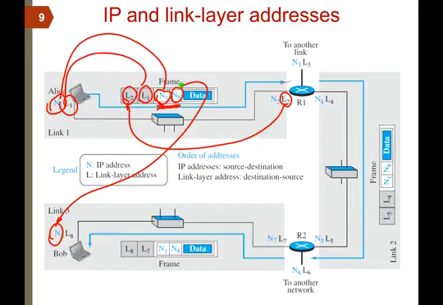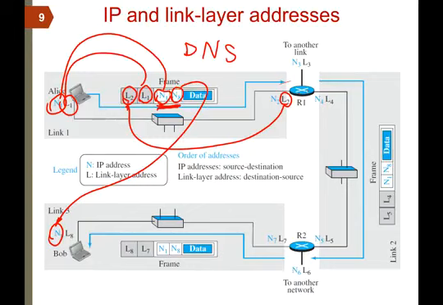For example, if this is a website like google.com, when you enter that address in your browser, it's a name, and it will be translated into an IP address. You get the IP address of the destination using a service called domain name service, which will translate Bob's name into his IP address.